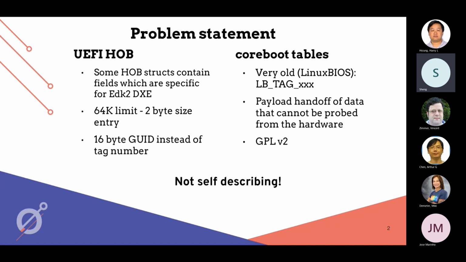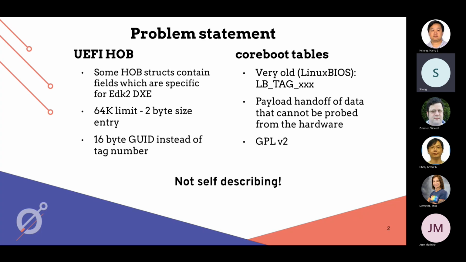For UEFI, it is using HOB. I'm sure all of you are quite familiar with the HOB design. It's a container format specific to EDK2 DXE, and unfortunately it has a 64K limit because it's a 2-byte size entry.